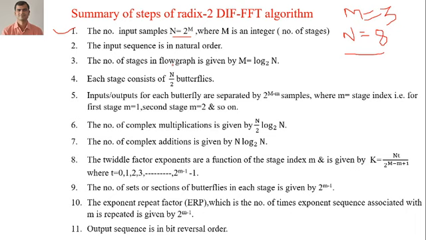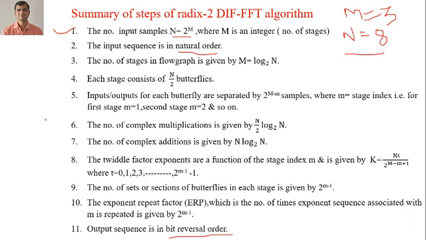For DIT, input sequence is in bit reversal order, and for DIF, input sequence is in natural order. For DIT, output sequence is in natural order, and for DIF, output sequence is in bit reversal order. This is the major difference between DIT and DIF FFT algorithm.